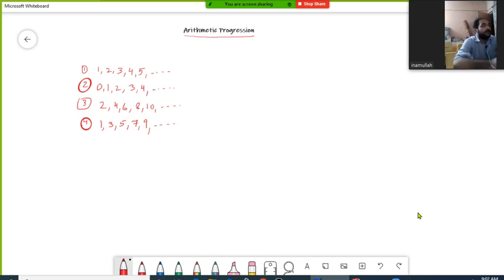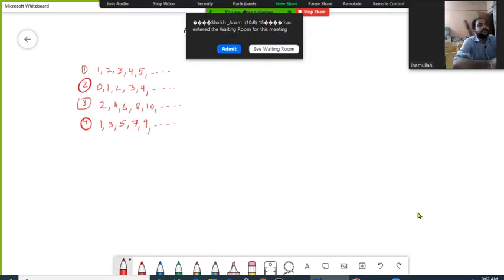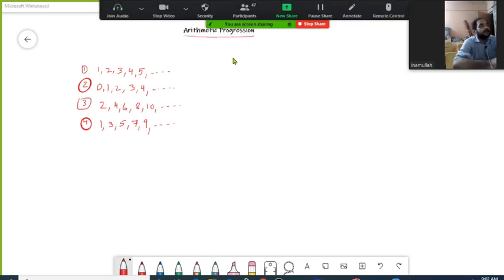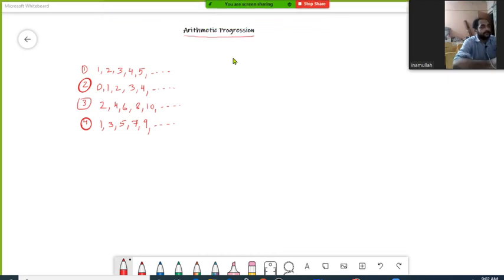Look, all these series, these sets of numbers, have certain qualities. We are all aware of these sets of numbers. This one is the set of natural numbers. This is the set of whole numbers. This is the set of even numbers.